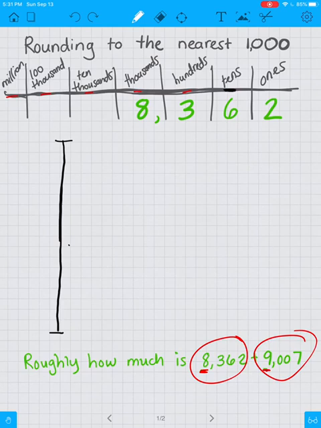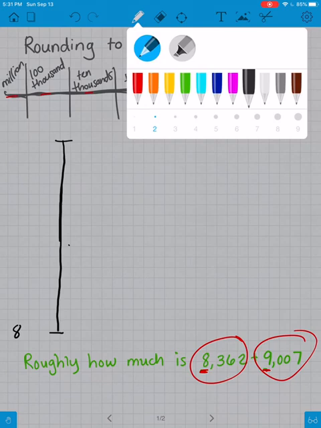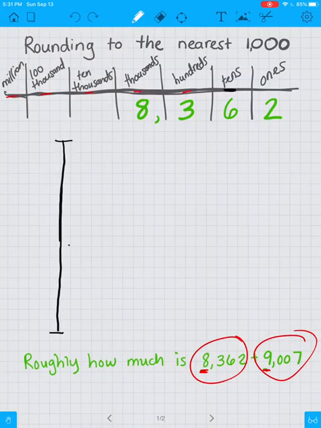So I'm looking at what this number represents. So this number represents 1,000. So I know my number 8,000 is going to go here. And then I know if I'm wanting to go one more thousand up, 8,000 plus 1,000 is 9,000.